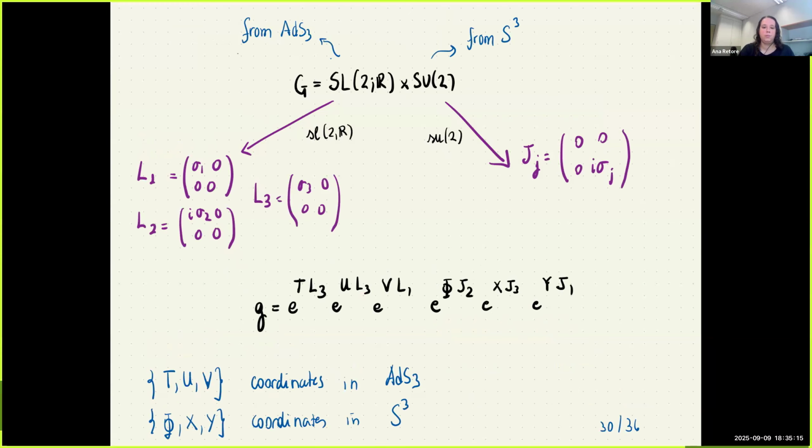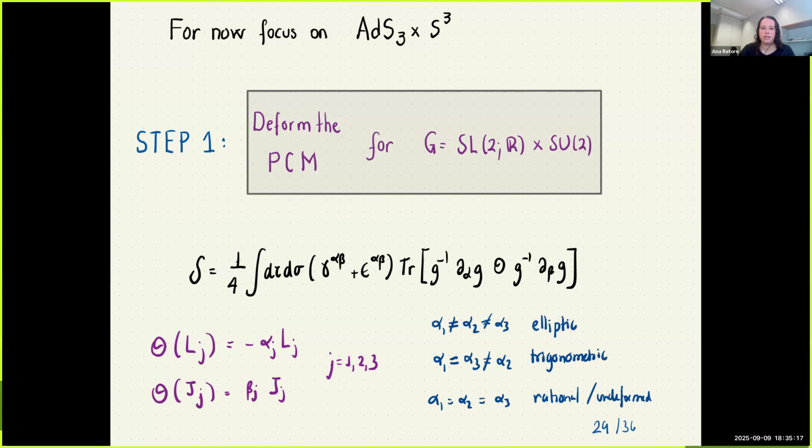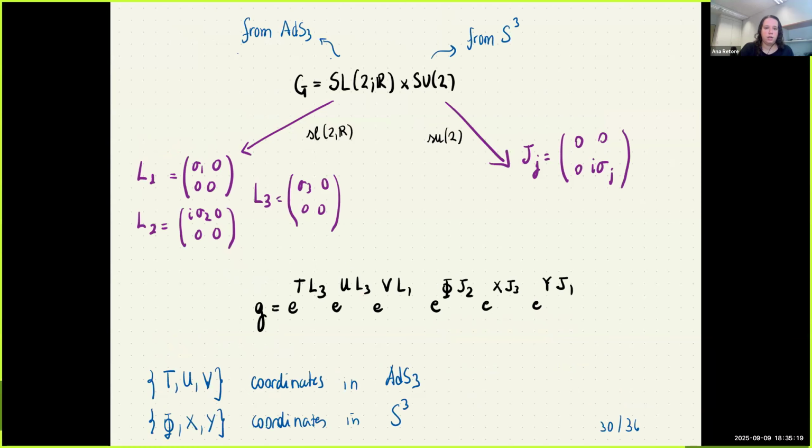And this G that you had here is an element of this group. And these are the coordinates in the worldsheet. If you like, these are the target space coordinates. These are in the AdS part, and these are in the sphere.